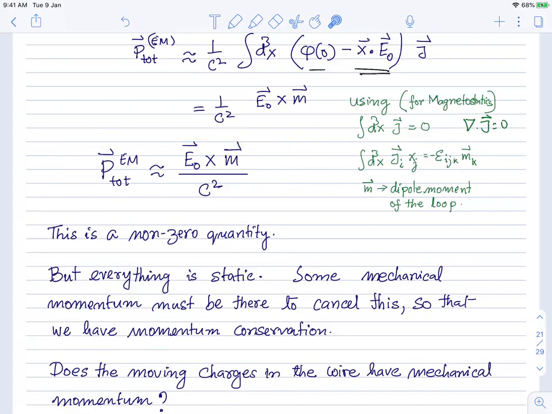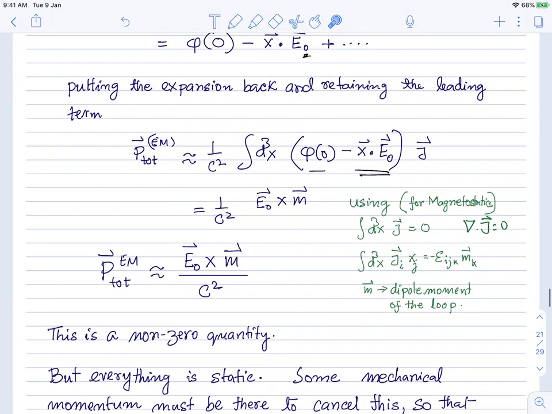Is there any mechanical momentum that would balance it? You see, the electric and magnetic fields fall off away from the charges. So if you take the volume to be the infinite space, at infinity the fields are 0.